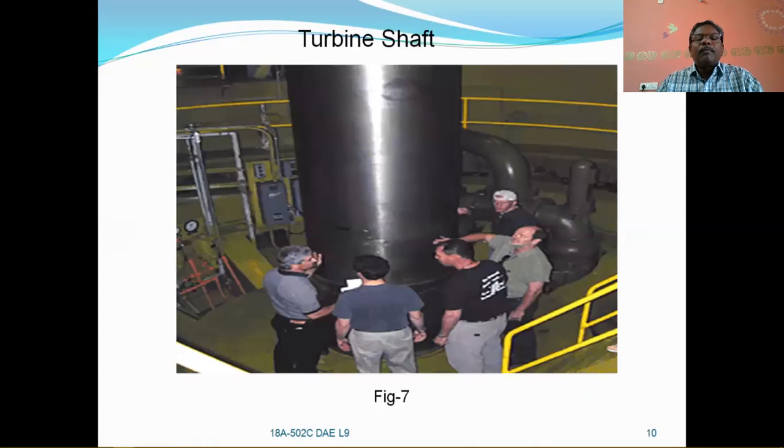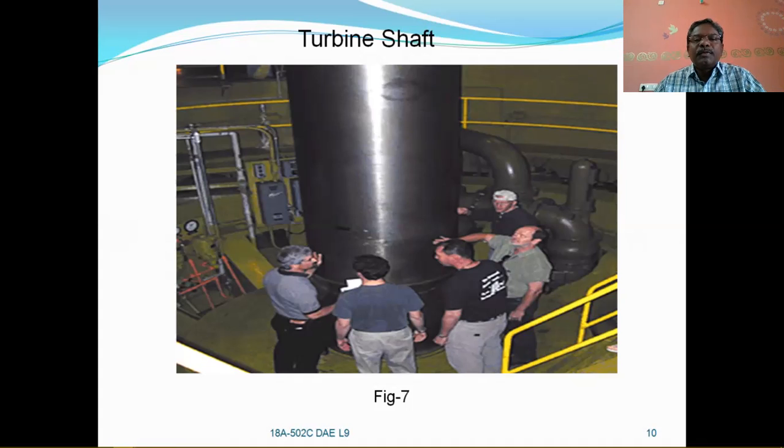Also in turbines, whether it is a water turbine or a steam turbine, in both cases we are going to use shafts, over which we mount moving blades so we can generate power.